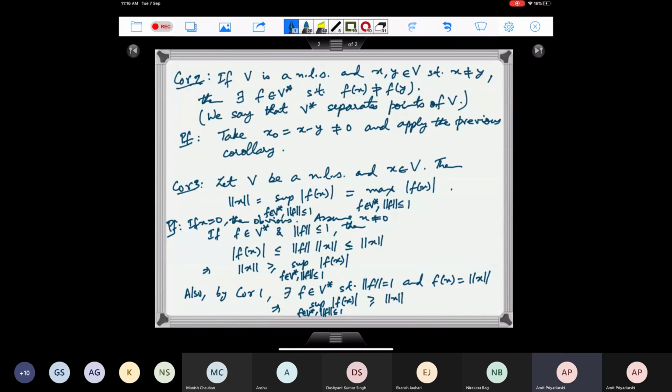So therefore these are equal, and because we have one f for which this is equal, we are done.